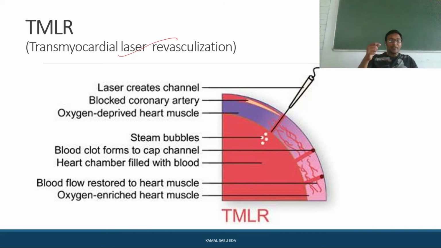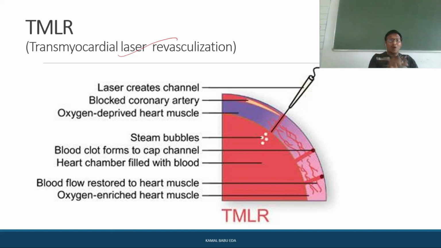When they make channels into the left ventricle, the same oxygenated blood which is being supplied to the other parts of the body can enter the new channels formed using this laser.